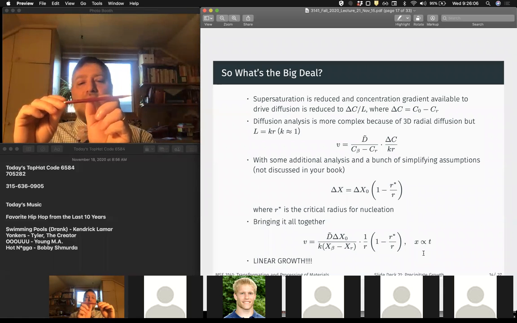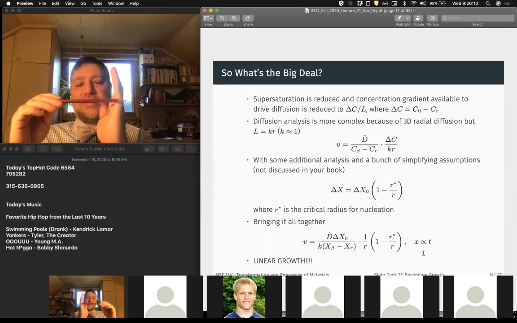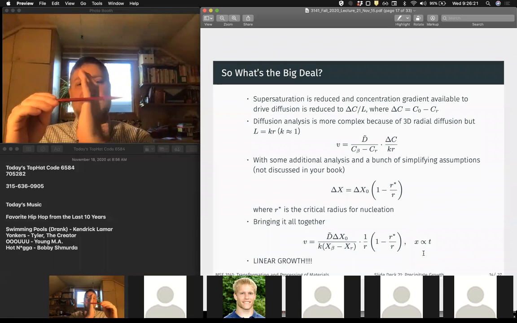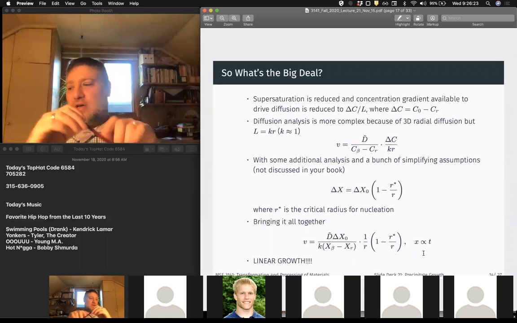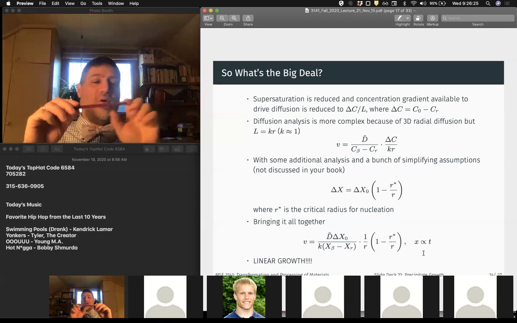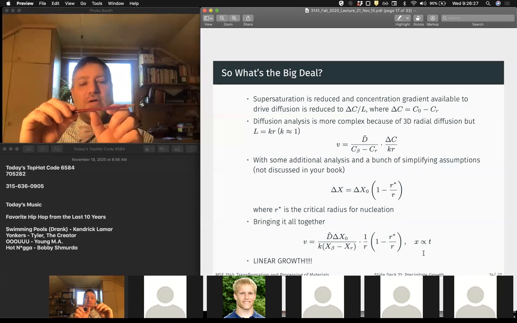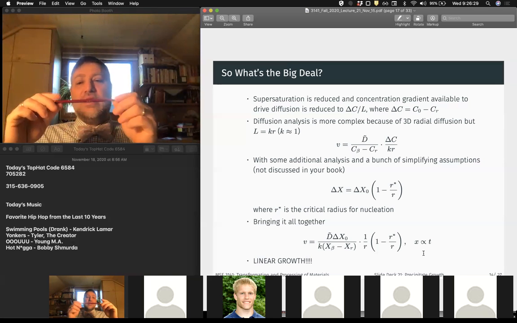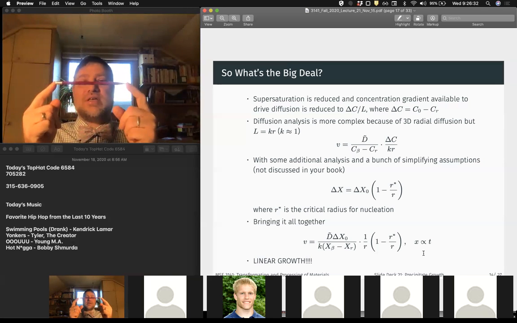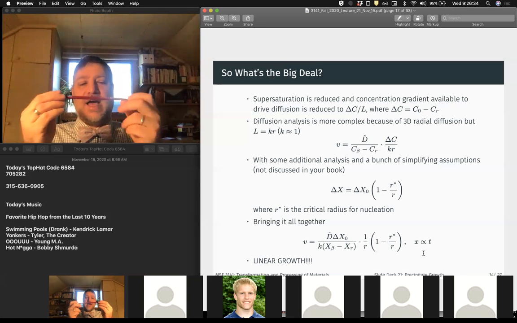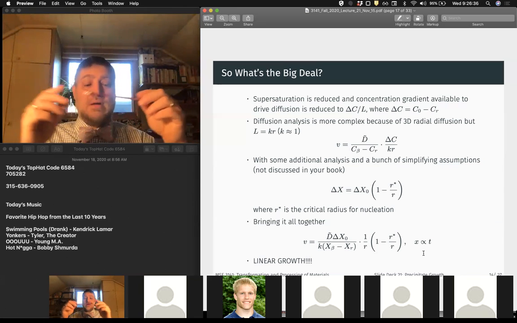So our interface will move over 10 units, meaning that we go from, say, 1 unit to 20 units in diameter, because this interface is going and this interface is going, right? So we have a diameter of 20. If I have a precipitate, a particle like this, I'm going to have linear growth, right?